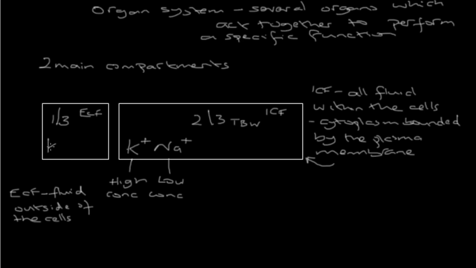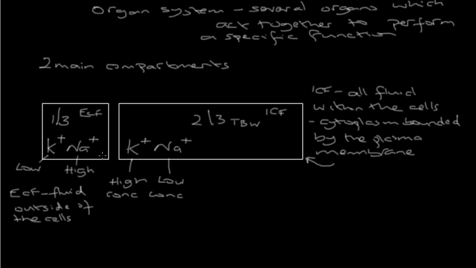Outside the cell we've also got potassium and sodium, positively charged ions, and they're the opposite way round. So that would be low potassium concentration outside and high sodium concentration outside.